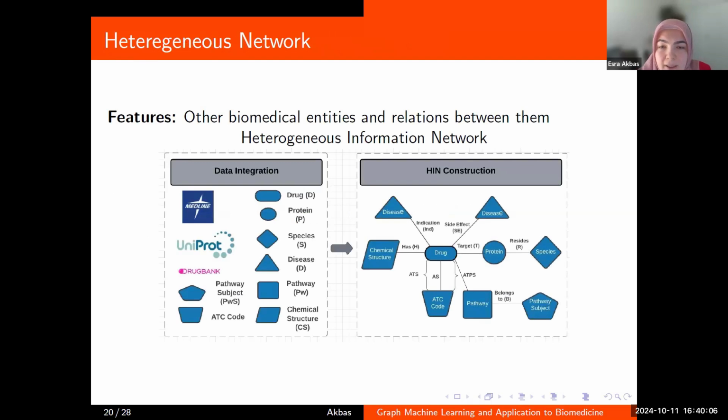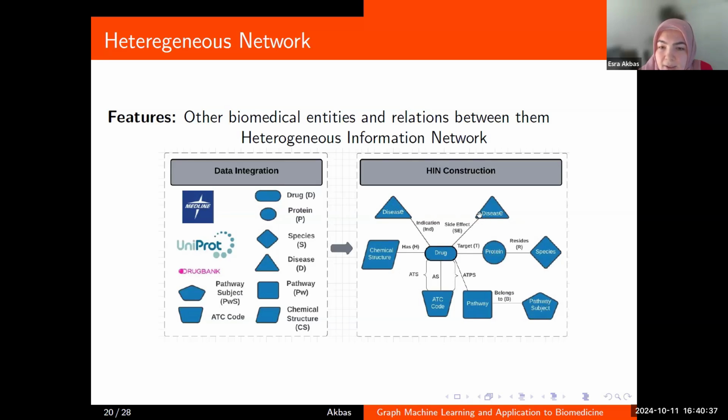We know that there are relations between these entities and also between the drug and these entities. So in our project, in addition to the drug, we use protein species, disease, pathways, and the chemical structure of the drug. And we combine all this information in our heterogeneous network. We define each one as an entity, and also we define different relations between them.